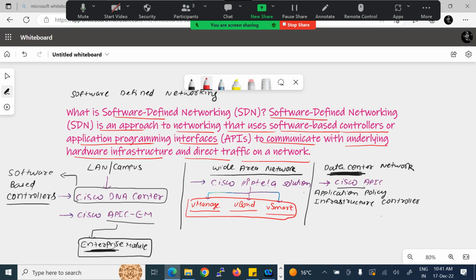But in this session, you know that our main focus is on DNA Center.